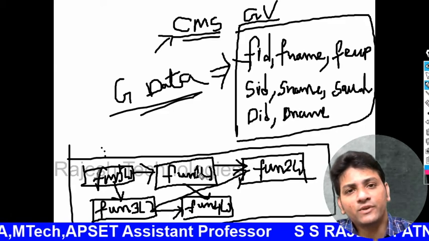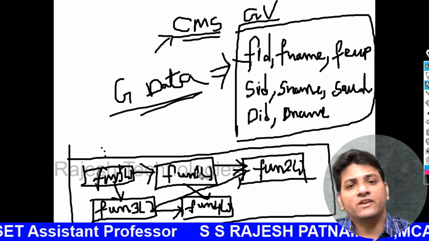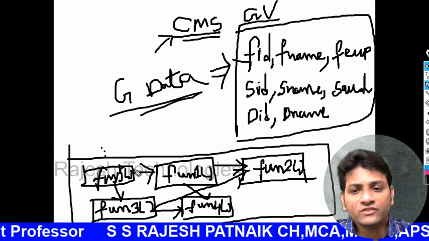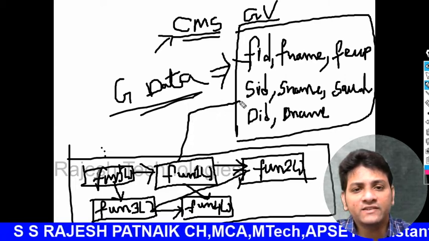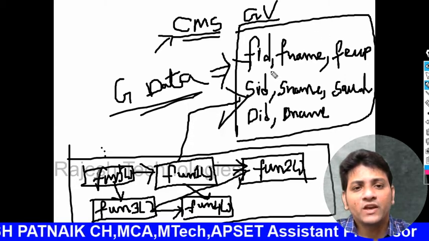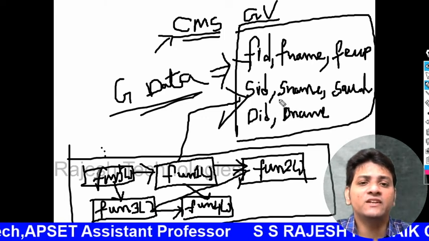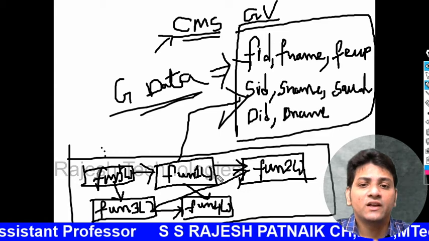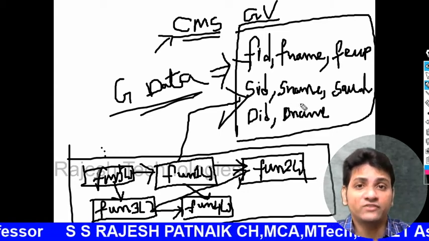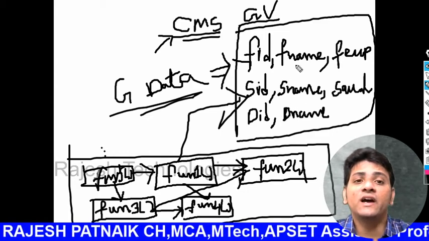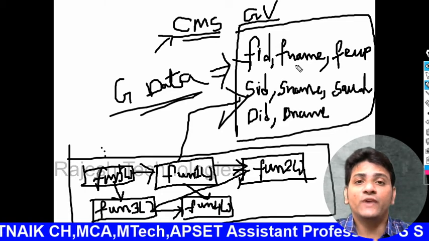These functions can access the data. Any function, for example faculty related functions, can access the details of student data. Similarly, student related functions can access the data of faculty.